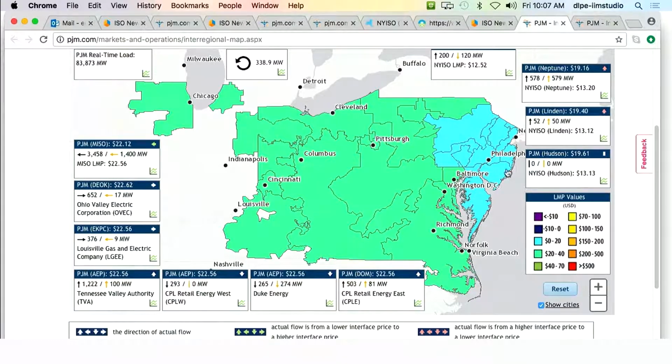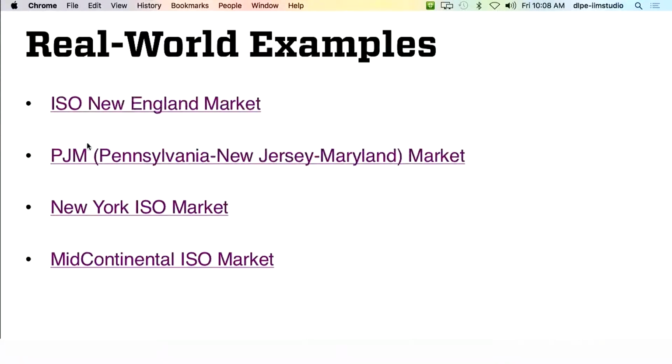All these numbers are different locations, $22 to $19. These are the differences exactly created by transmission line congestion, so that cheaper generation electricity cannot be transmitted to load centers. There is a limit that creates a price differential.